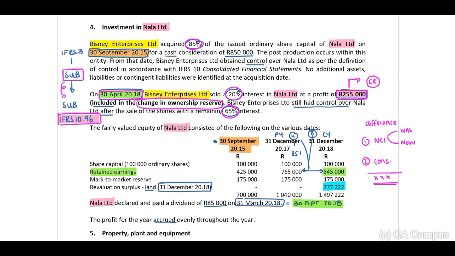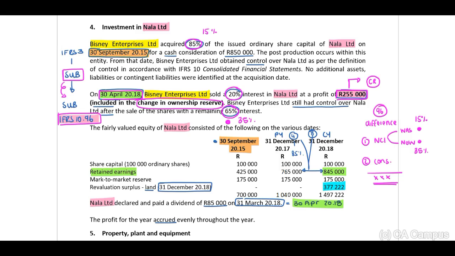Now, when you look at paragraph 96, we need to determine what is our NCI, or what was the NCI before the change, therefore, when we had 15%. Remember, they acquired 85%, therefore our NCI had 15%. And what is our NCI now when they have 35%? When you look at this, guys, 65%, therefore our NCI will have 35%.